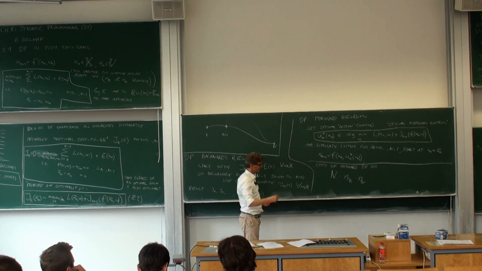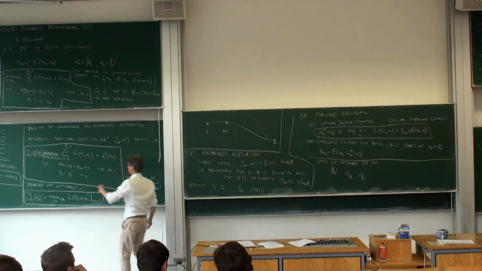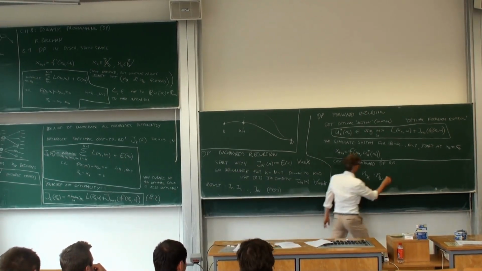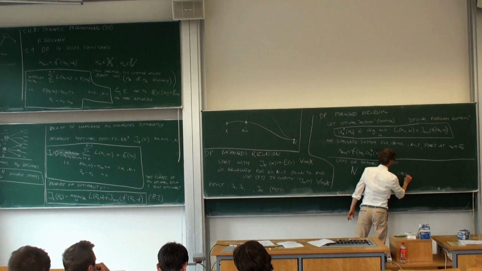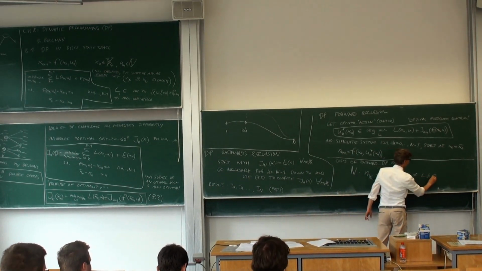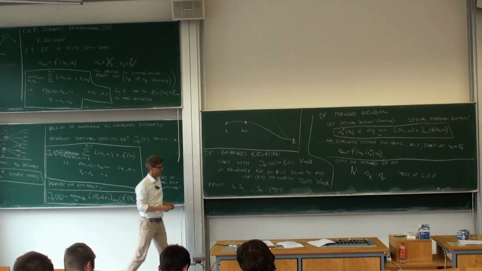So this would be the number of calls of the system simulation, this f and l. So many calls of l and f in order to get all these cost to goes.